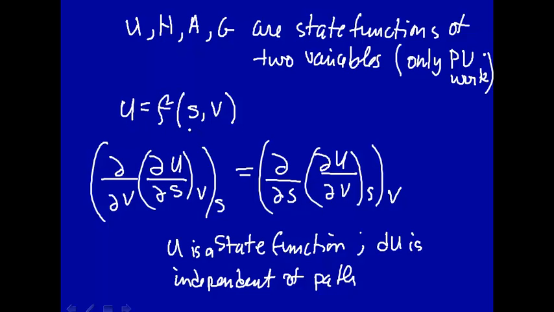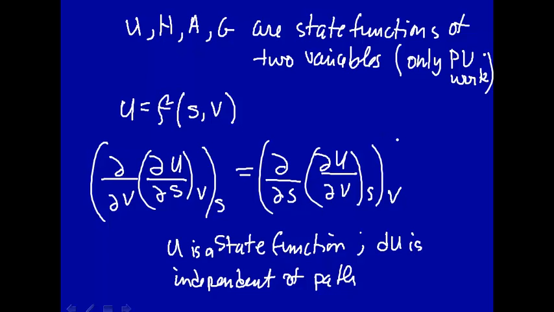So it doesn't matter whether you travel along the S-axis and then travel up the V-axis, or travel up the V-axis and then travel along the S-axis. It doesn't matter how you get from some initial to final state or some infinitesimal change. You can either go along one axis and then the other, or along the other and then the one axis. It's because state functions are independent of path.